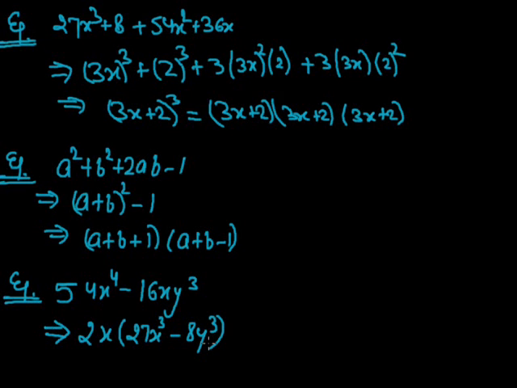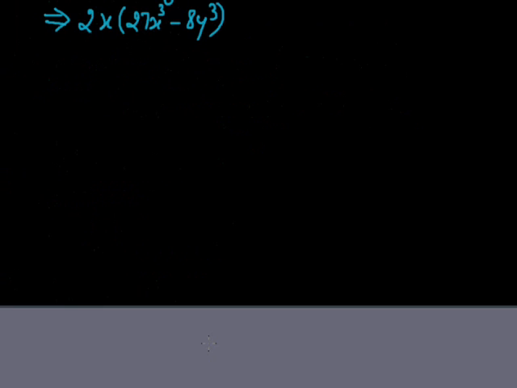Now it is clearly the form of a cube minus b cube. So now we can reduce it as 2x(a cube minus b cube).